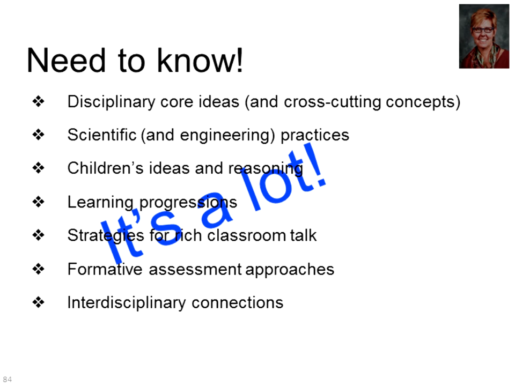It's amazing the amount of stuff, and it's a lot. So we need to think about what resources we can use. I've mentioned several times in the chat window that you go back to the framework and to the NGSS documents, because they provide a lot of information with regard to how to plan and what the expectation for student learning is.